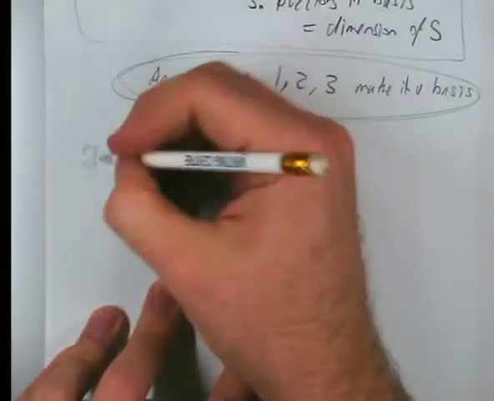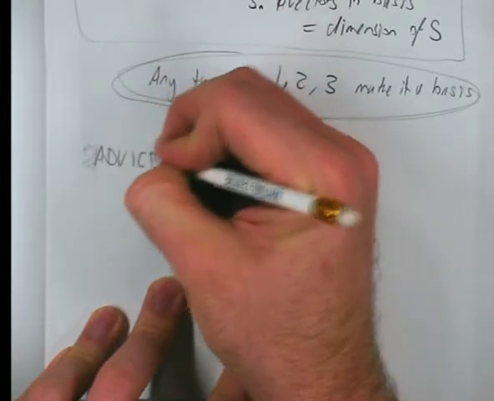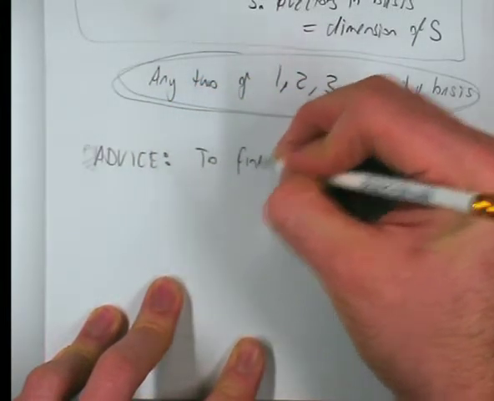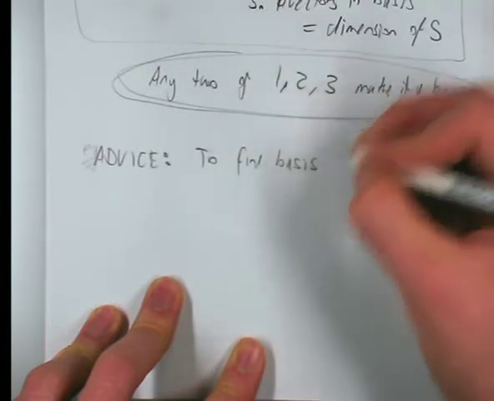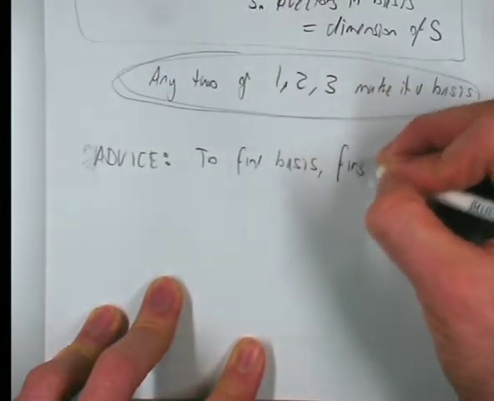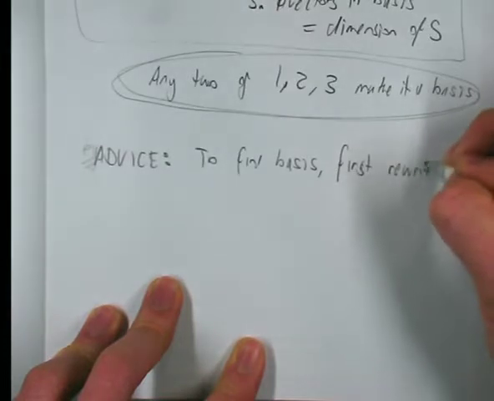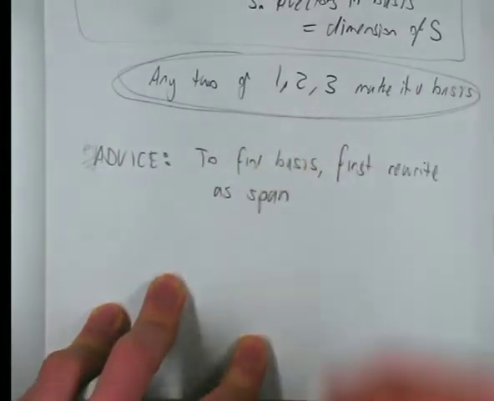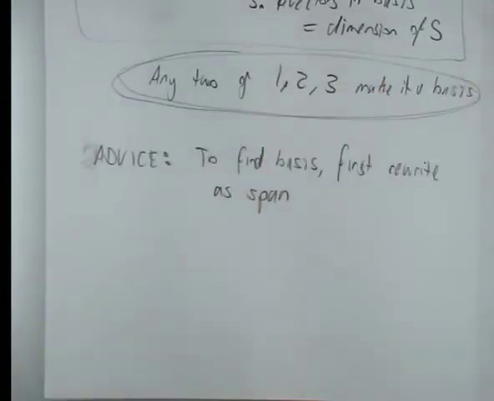Here's my advice. To find a basis, first rewrite as a span, because that's what a basis is for.